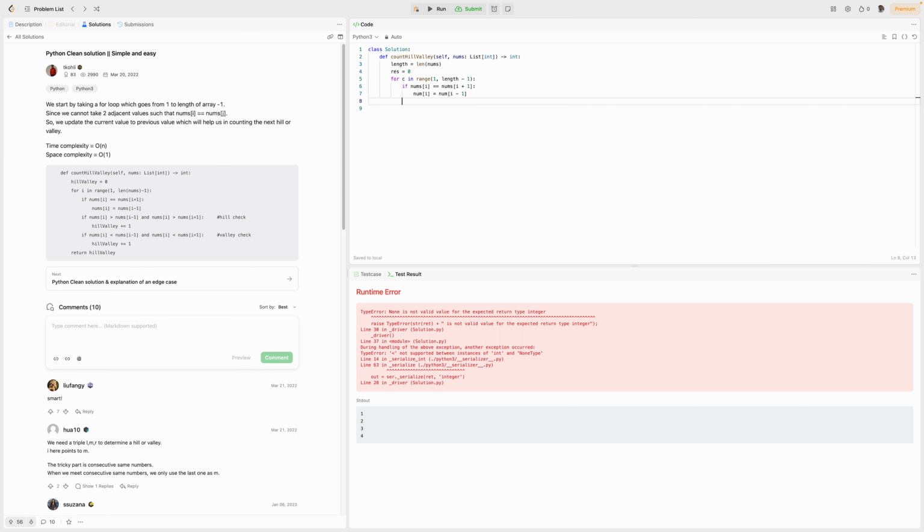Okay? Else, and now this is the condition check to see if the num at I is more than num at I minus 1 and num at I is more than num at I plus 1, then res plus equal to 1.